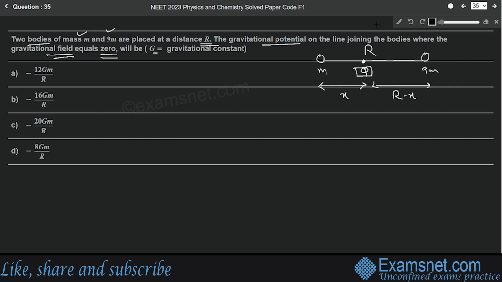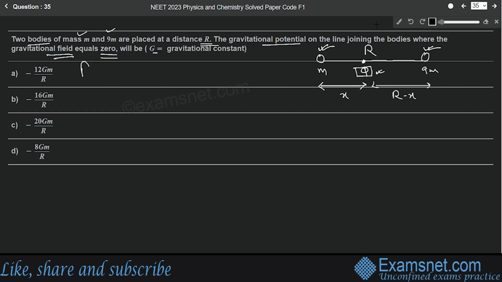Now, why should this gravitational field be 0? For that, the gravitational field due to this mass m must be equal to the gravitational field due to mass 9m. So both will cancel out each other and the net field will be 0.